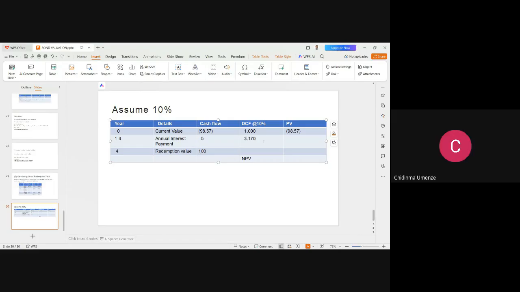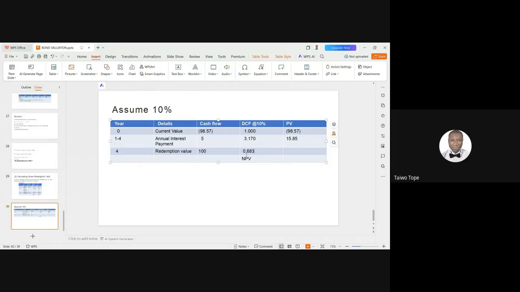3.17. Multiply by 5, 15.85. Then, as at the 4th year only, 1 plus r to the power of minus 4, where your r is 10%. 0.683.